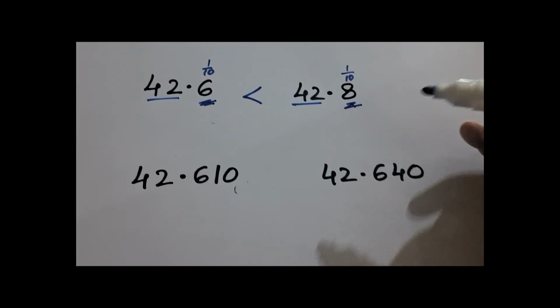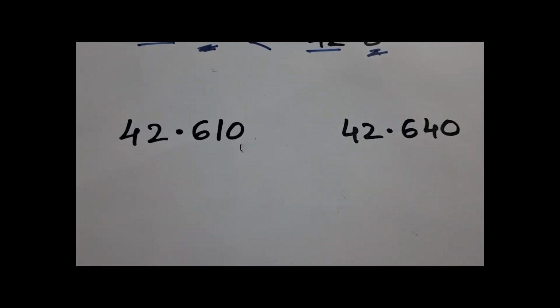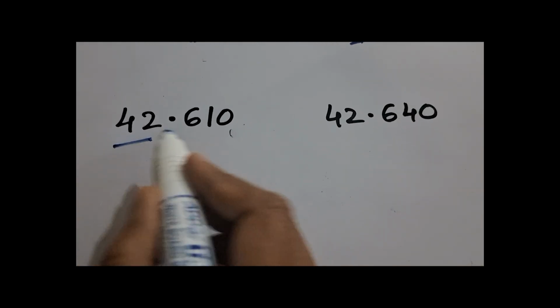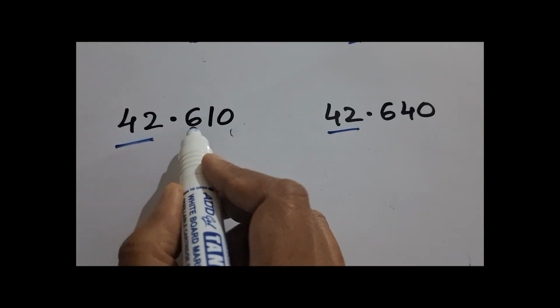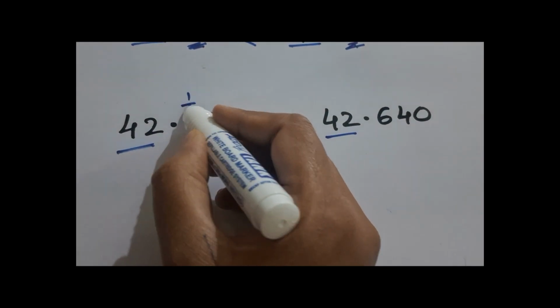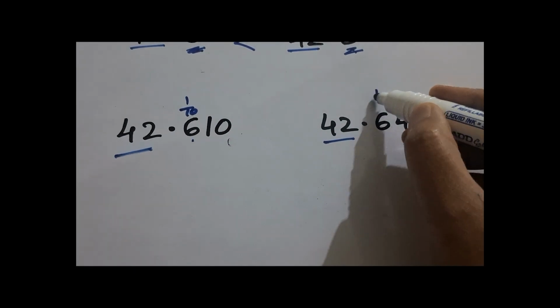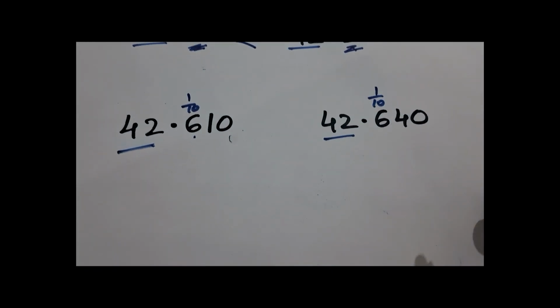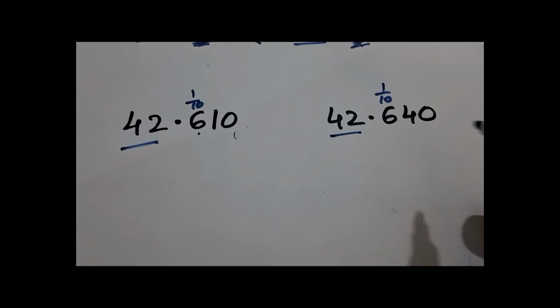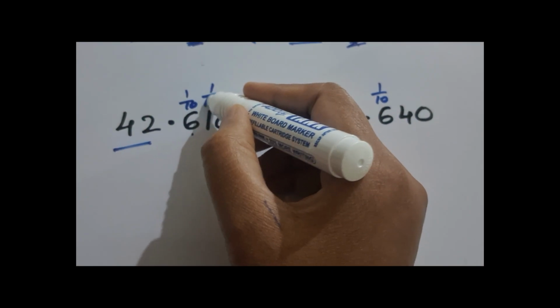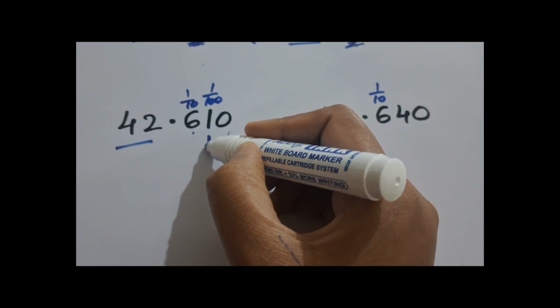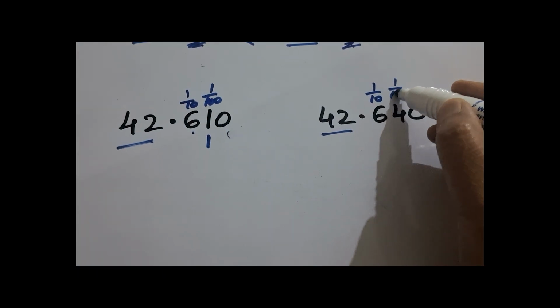Okay children. And suppose the whole numbers are also the same and in the decimal part the tenths place digit is also the same. Then we need to compare the hundredths place decimal digit. This one and this one.